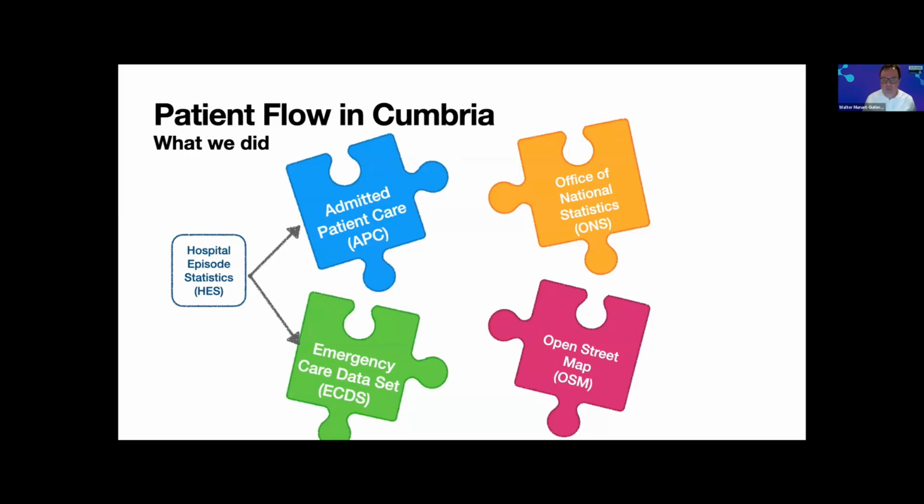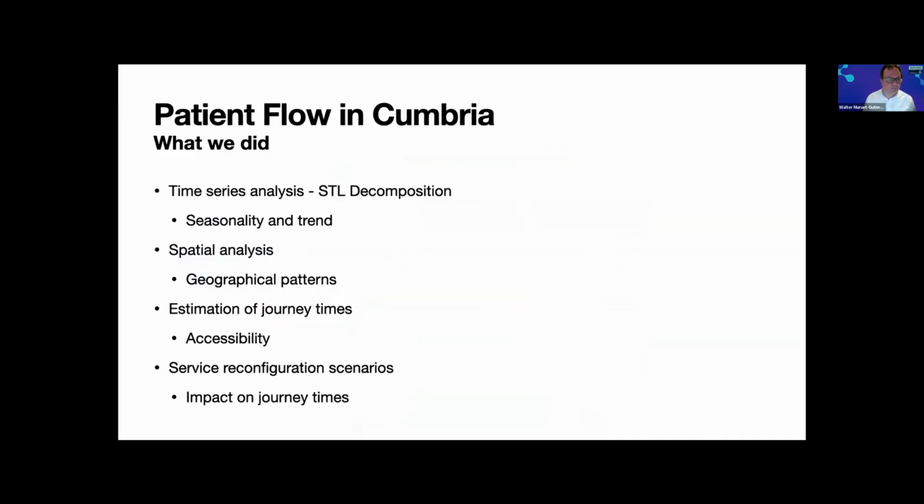And we also use information publicly available from the Office of National Statistics, such as the Open Geography portal, and data on road networks from the OpenStreetMap to use in order to estimate or calculate journey times between different points of North Cumbria and the hospitals. And we put together these pieces in order to try to get a picture of what is the state of patient flow right now in North Cumbria.